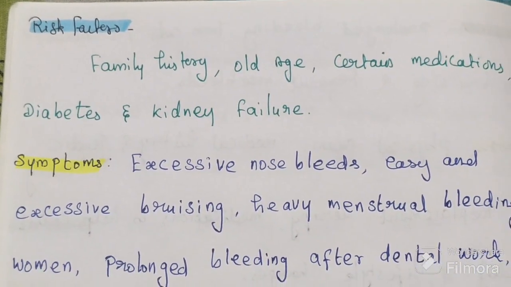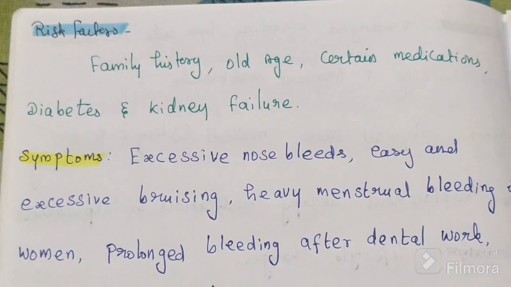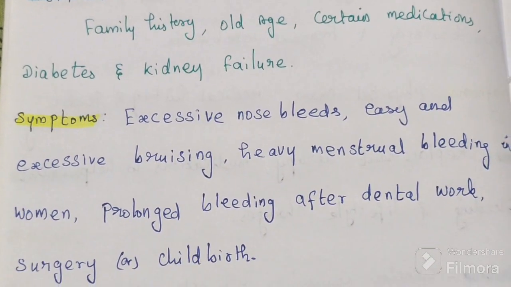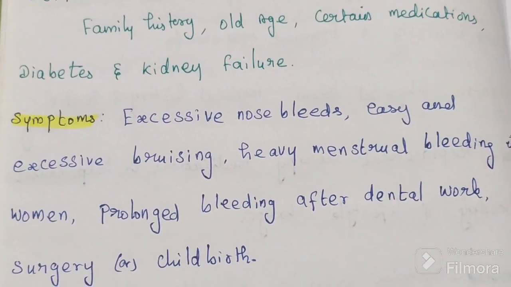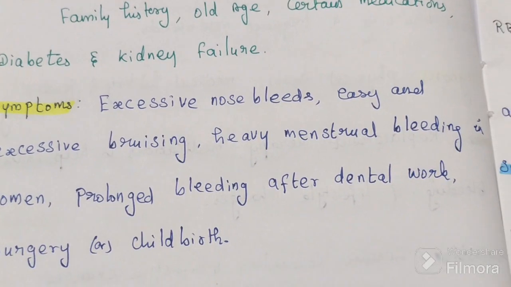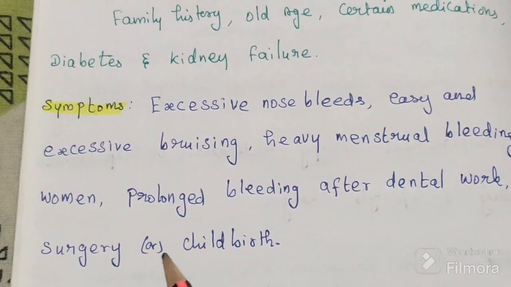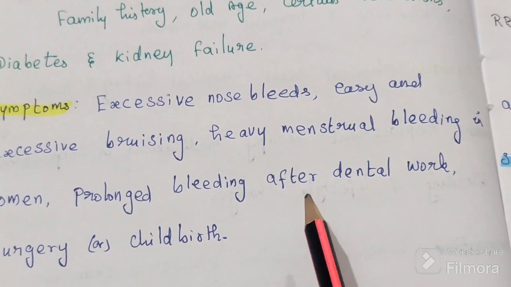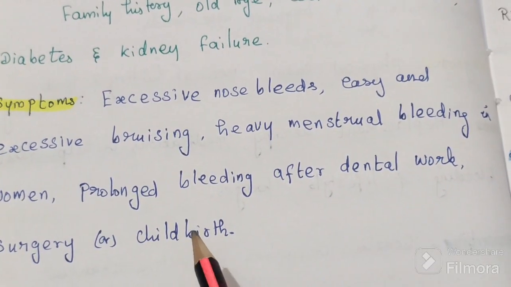Risk factors: family history, old age, certain medication, diabetes and kidney failure. Symptoms: excessive nosebleeds, easy and excessive bruising, heavy menstrual bleeding in women, and prolonged bleeding after dental work, surgery and childbirth.